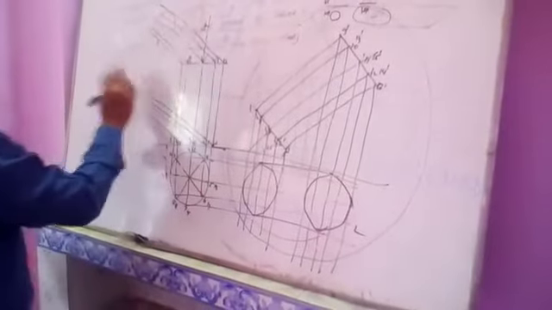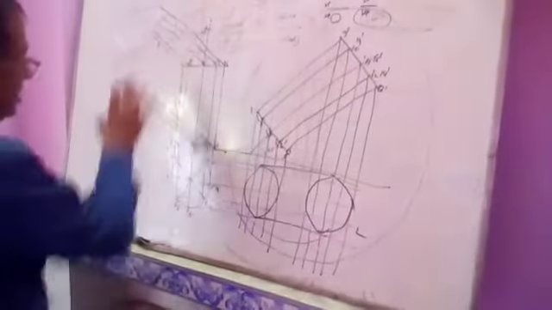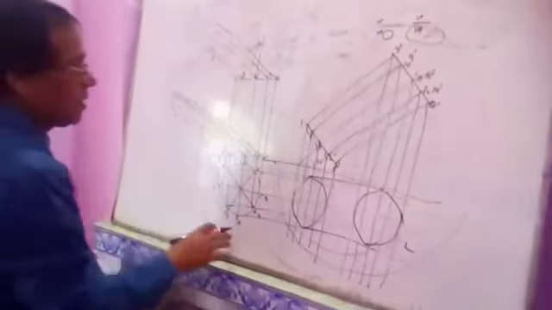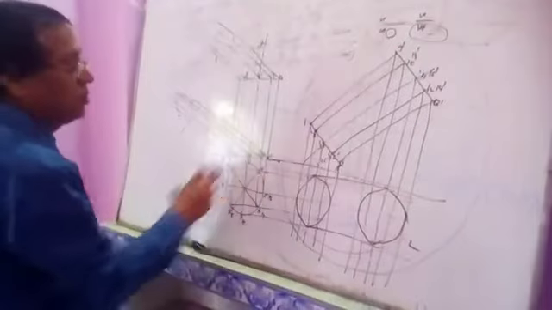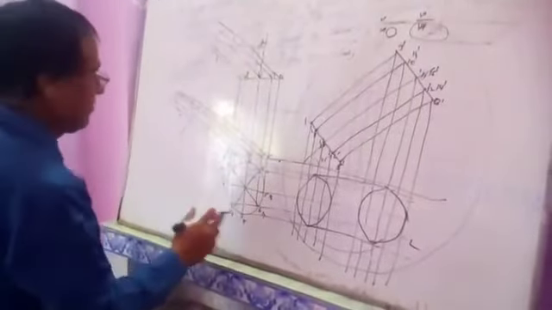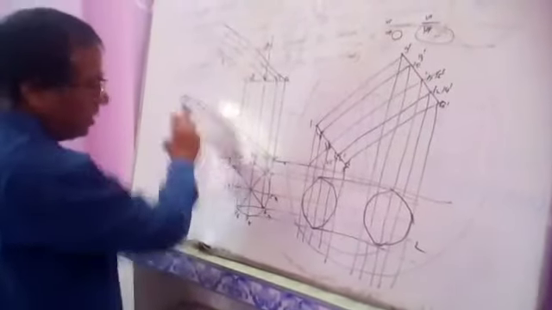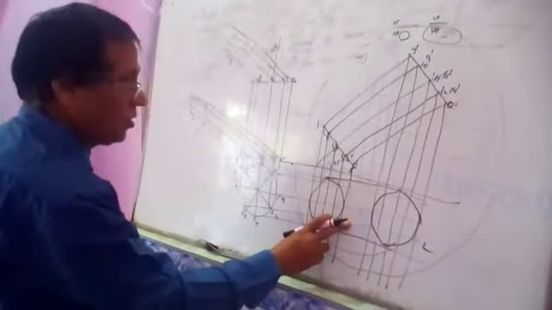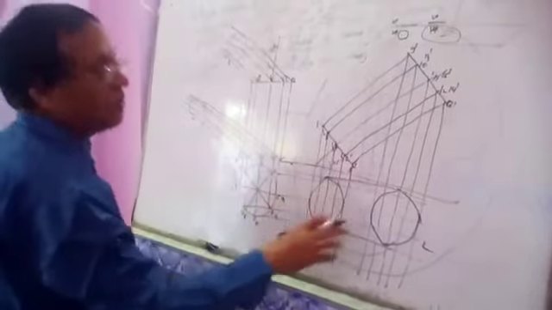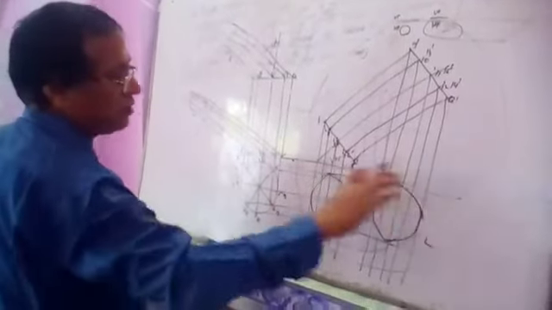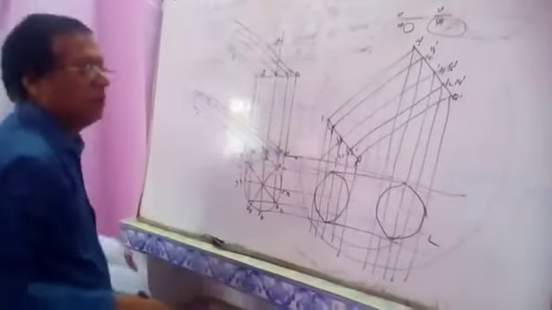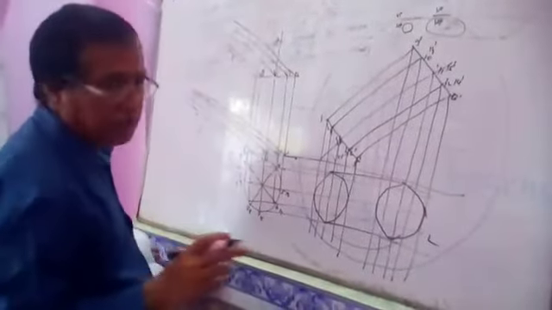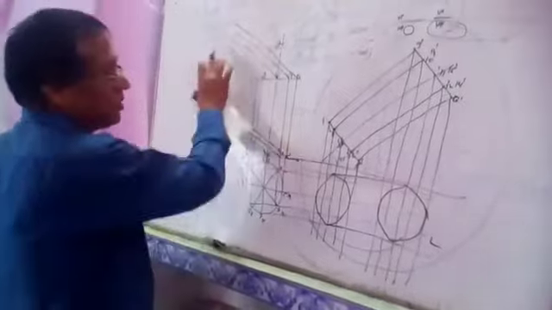So mind it, again I am repeating, its figure will be, though it is shorter due to lesser space, but its figure will be just of the same size. So in this way, this figure and this figure will be same. So in this figure, it is simpler one because it is a straight line type, and you can solve. So when problems will be simpler, this method is suitable.